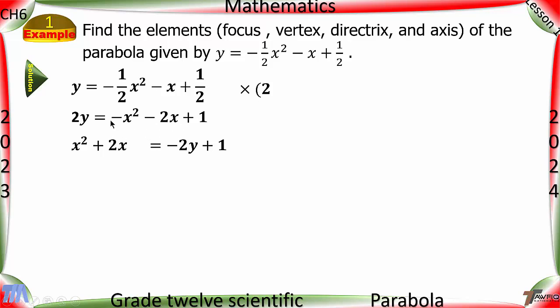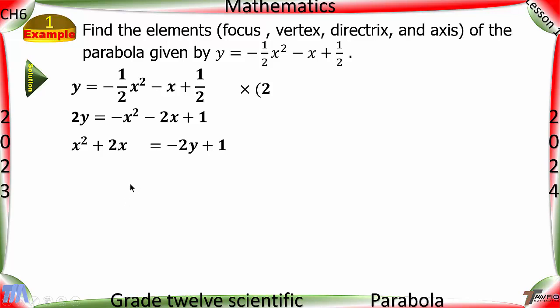And now because we have an x squared, we must take x squared and 2x from the right to the left. It becomes x squared plus 2x is equal to, and take 2y from the left to the right. It becomes minus 2y, and write down plus 1. Because our coefficient for x squared is 1, there is no need to divide by any number.